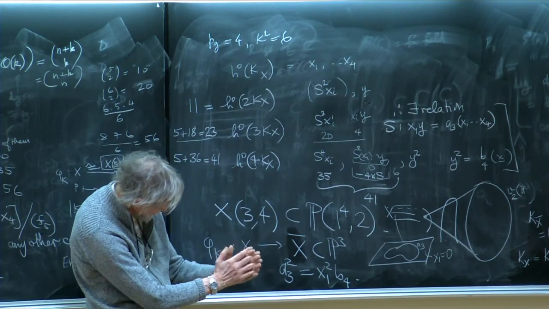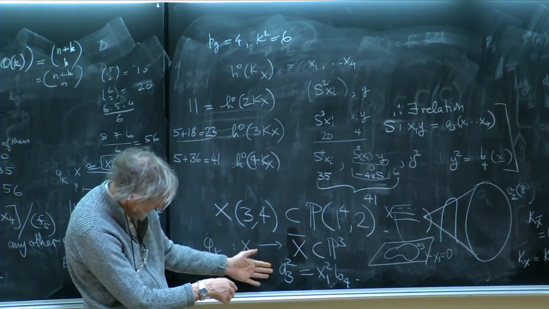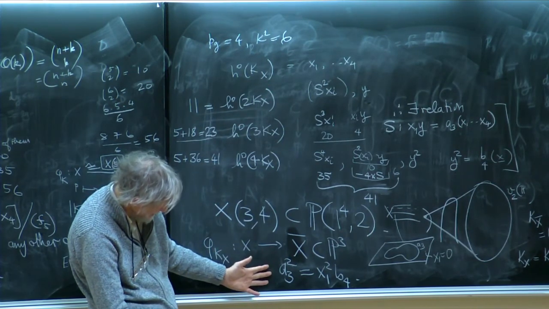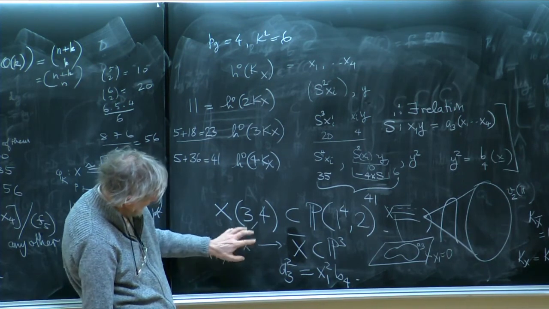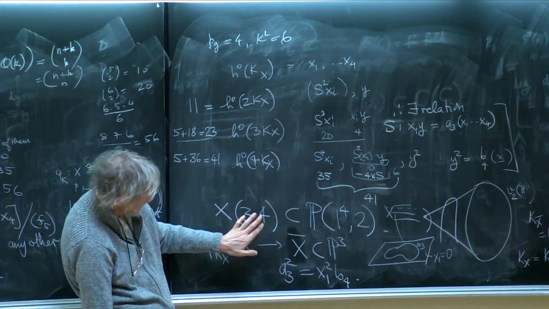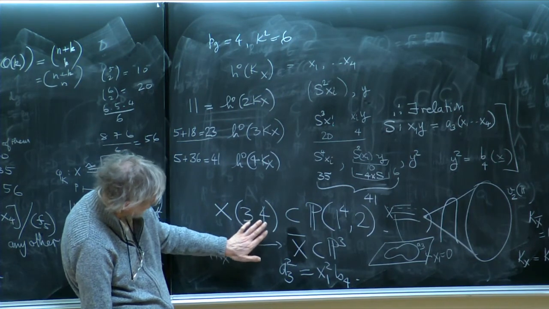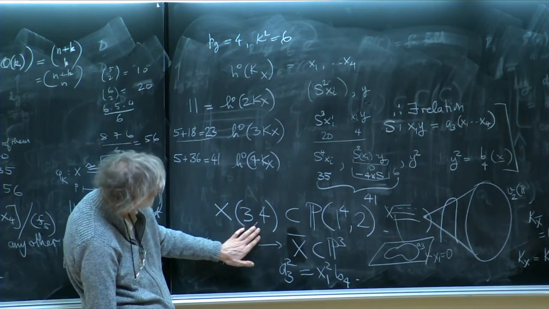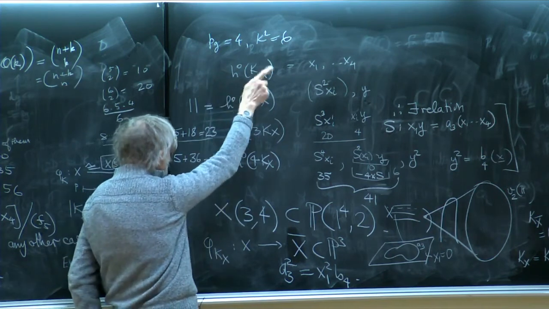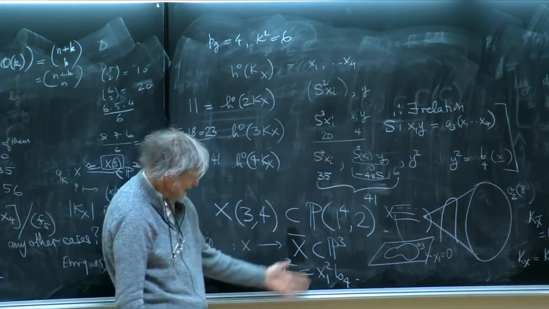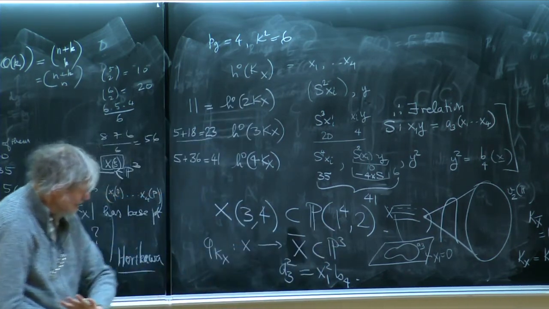You can study it in detail, and Enriques and Horikawa did. But this thing here is just much cleaner. I'm asking how to write the graded ring corresponding to a general surface with these invariants, and I get out a reasonable answer.